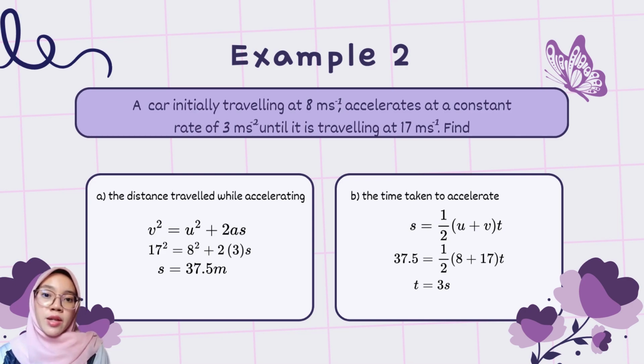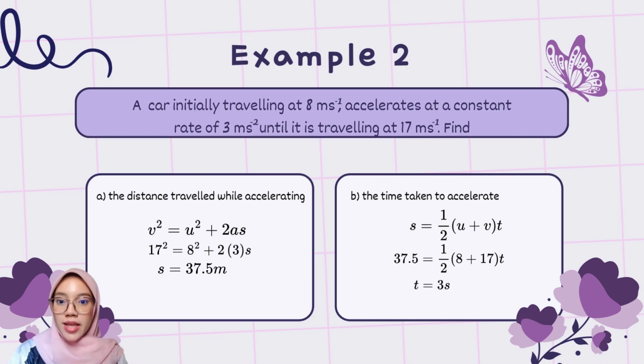Now we can find the information. We will get u, which is initial velocity, is 8, final velocity is 17, and the last one is acceleration, which is a equal to 3.